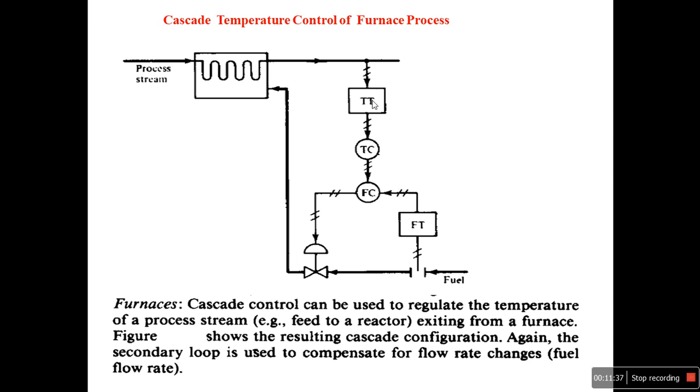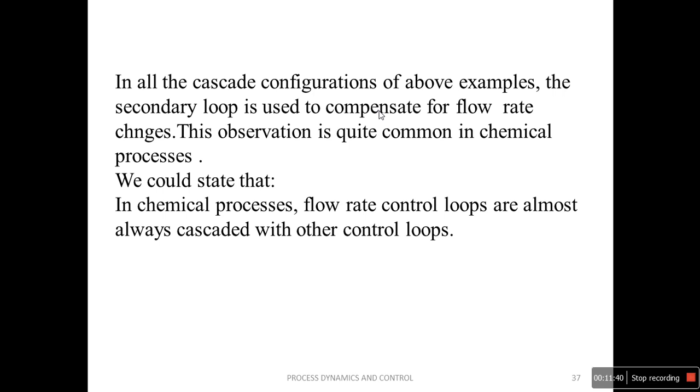So like this, if you observe all these three examples and also the CSTR example, in almost all the cases the secondary loop is used to compensate for flow rate changes, so that we can provide a statement by observing this quite common thing.